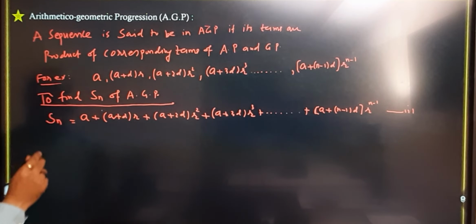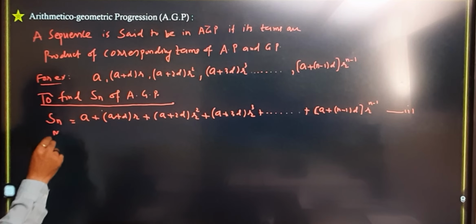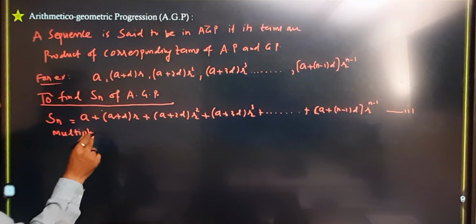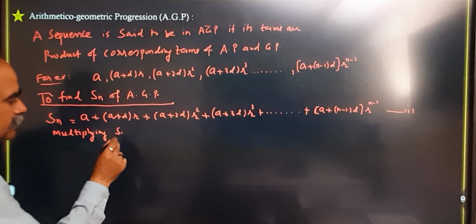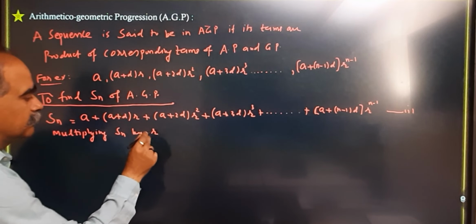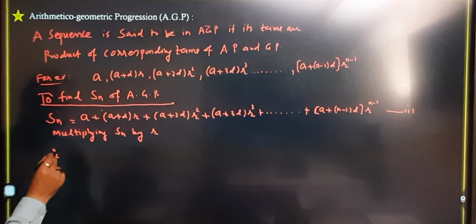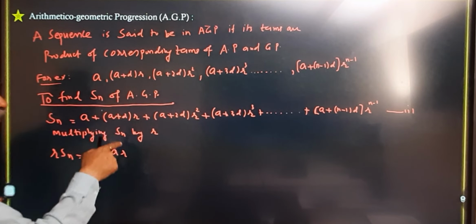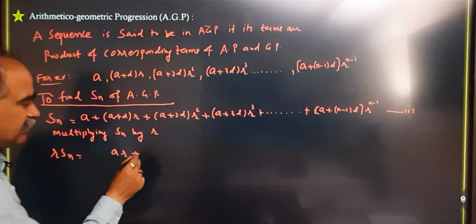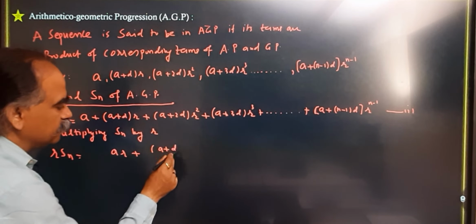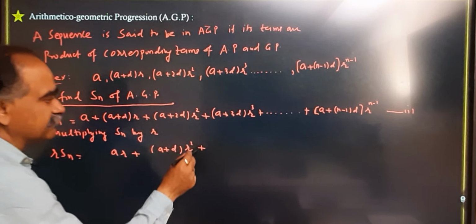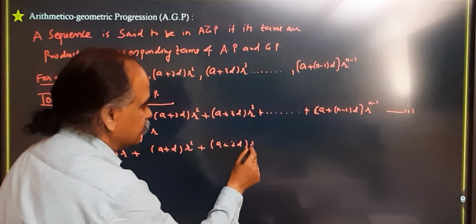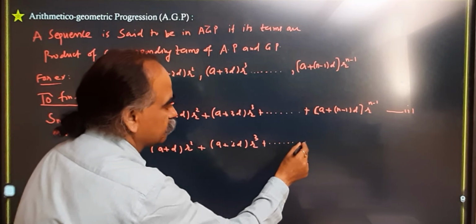Multiplying Sn by R, so we'll get R Sn. It will become AR, right below, the R wala term, plus A plus D into R square, plus A plus 2D into R cube, plus so on.